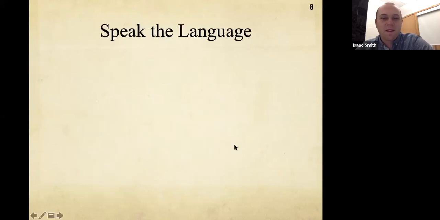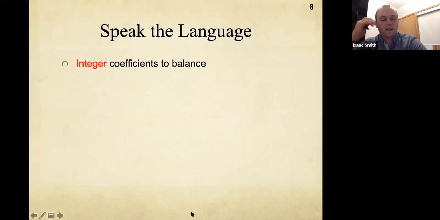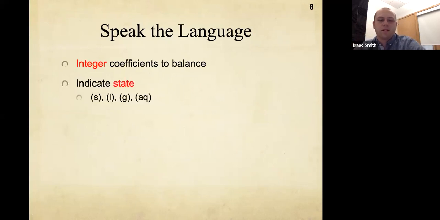Okay. All right, speaking the language. So you have integer coefficients to balance. Okay, so those are the big numbers that go before each compound. You've also probably seen these little letters or symbols in parentheses. Those indicate the state.